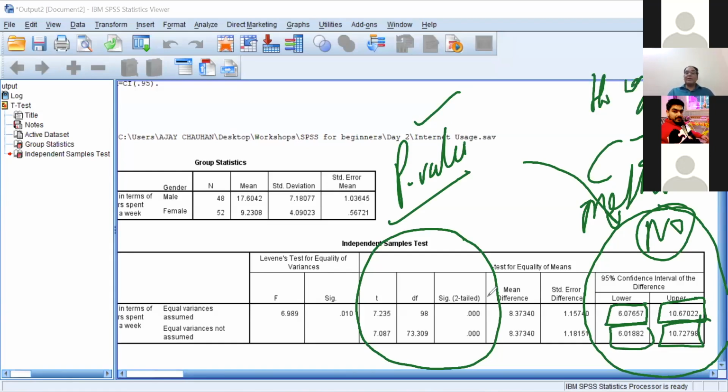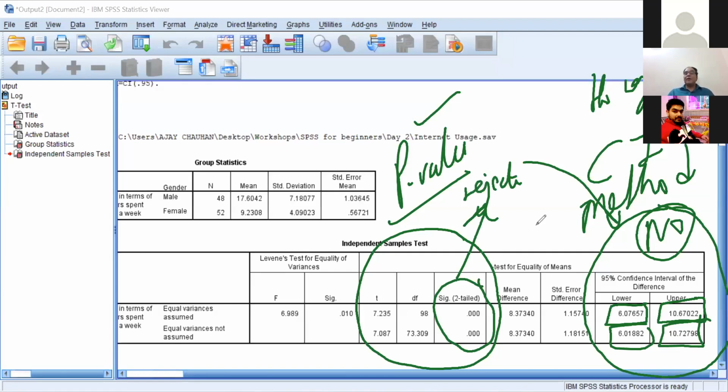Now in case of p value, this null hypothesis is also rejected, right? Because the p value is less than 0.05, right? So now I think you have clarity on how to test with the help of p value and how to test with the help of confidence interval.